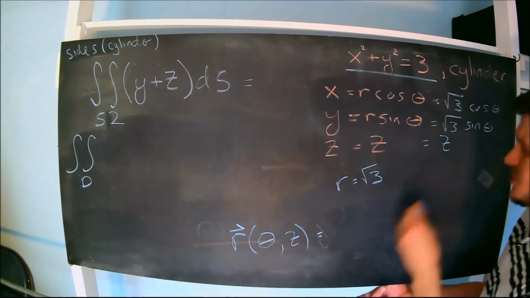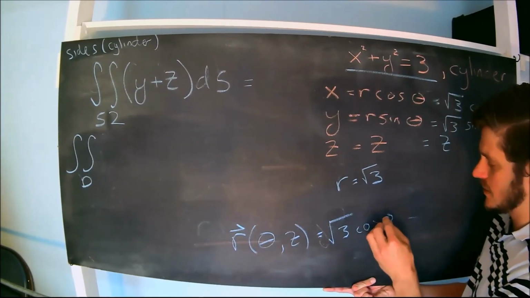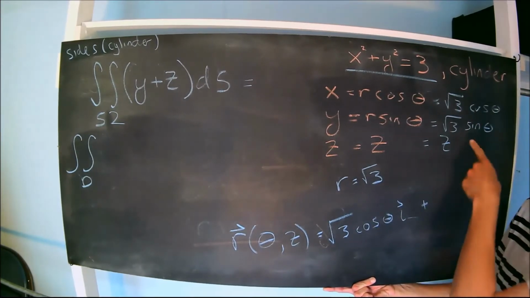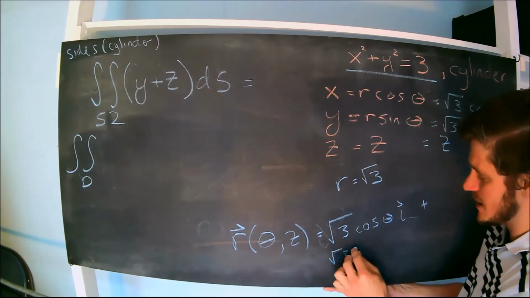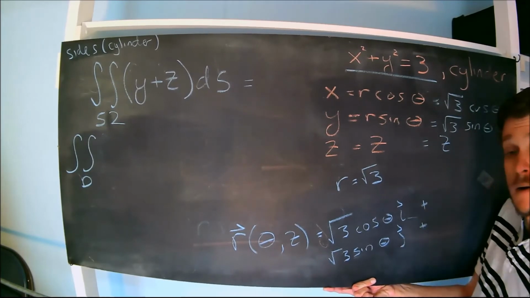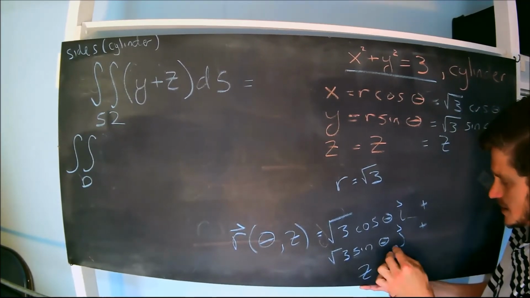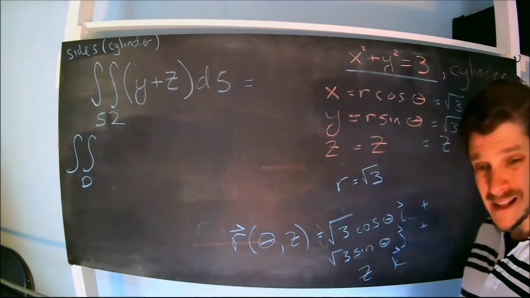Our i hat component is x, so that's root 3 cosine theta i hat, plus my j hat component, which would be root 3 sine theta j hat, plus just z k hat. So now we have all of our component functions.